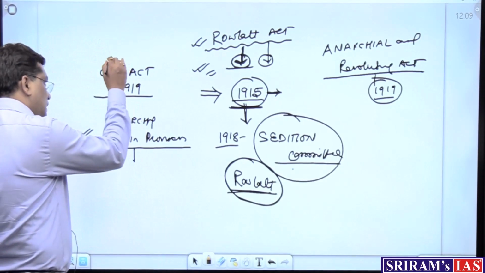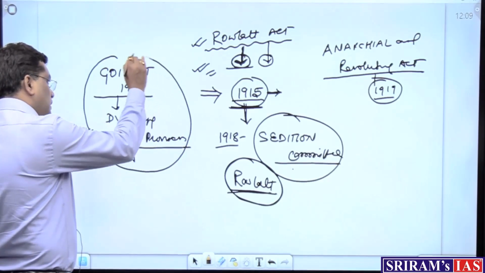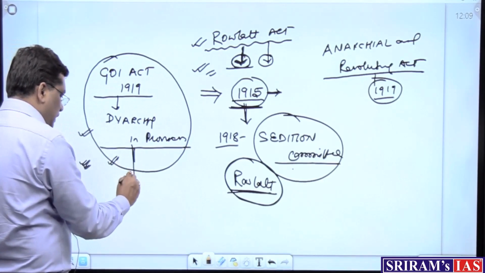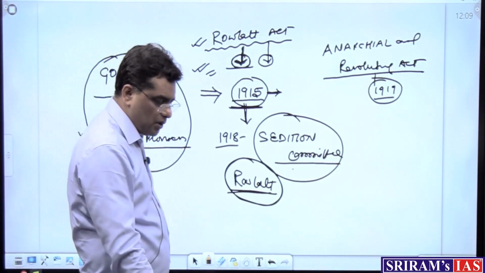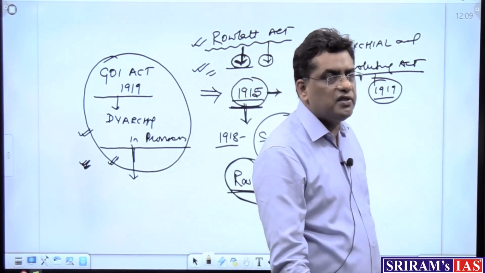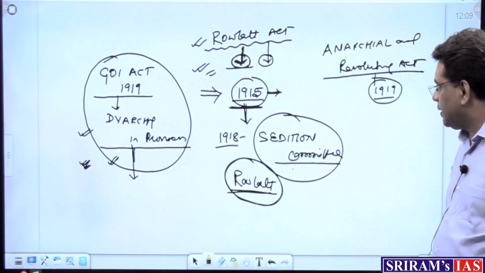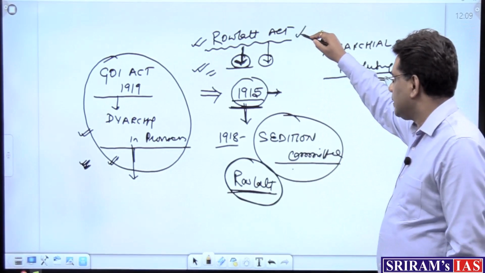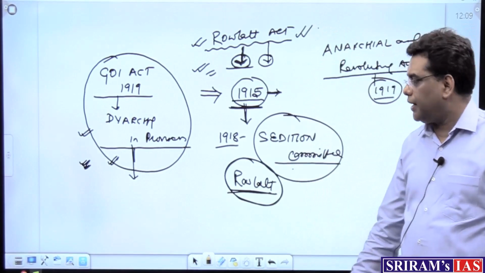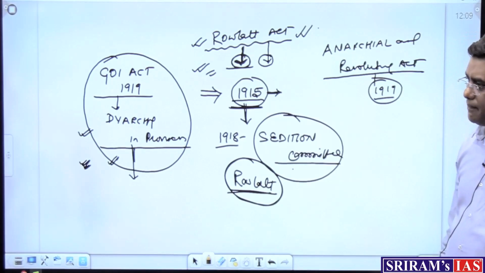So what I conveyed to you is that on one hand, the British said that they were presenting responsible government in the provinces by means of diarchy. But on the other hand, the stick of the British hit, and the Rowlatt Act was passed.